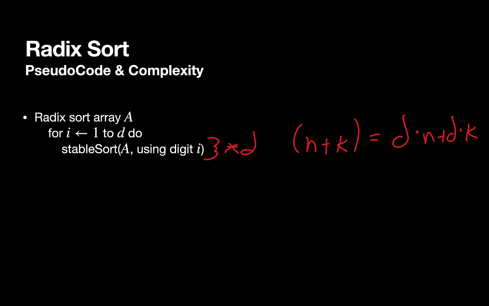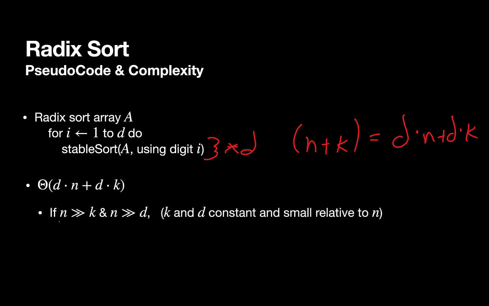Okay, so we're going to assume that big theta is d times n plus d times k. One common example is where we have a big N, lots and lots of data, but relatively few buckets and relatively few digits compared to the number of items that we want to sort. So if N is much larger than our number of buckets and N is much larger than our number of digits, and maybe even if we assume that the number of buckets and number of digits is constant, so maybe if we're dealing with, I don't know, 10-digit integers, we could assume that they're always exactly 10 digits no matter how many of them we had.